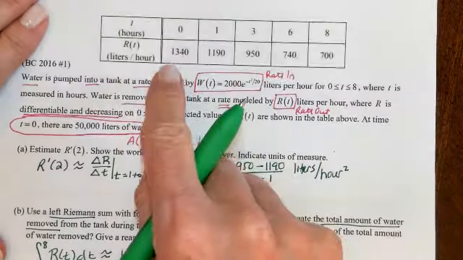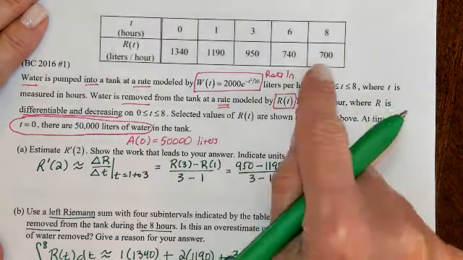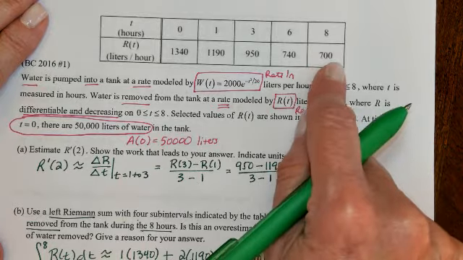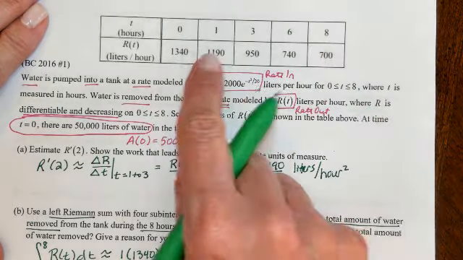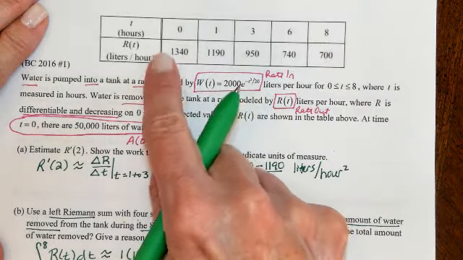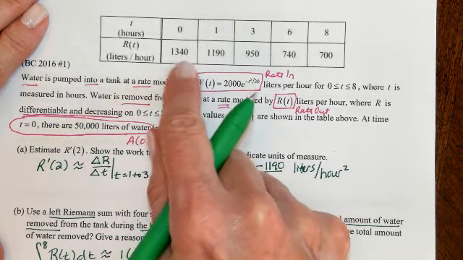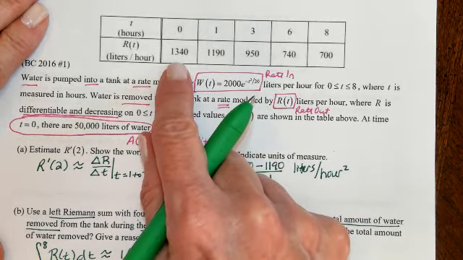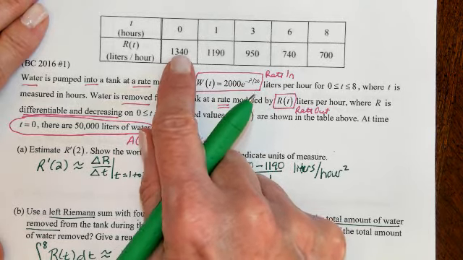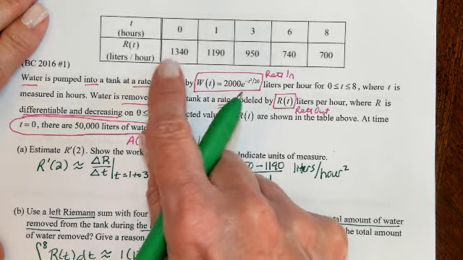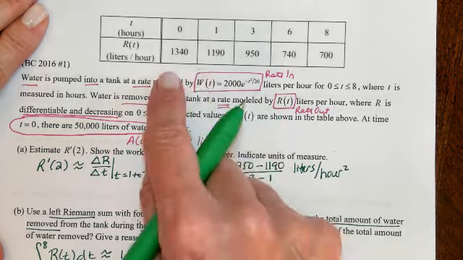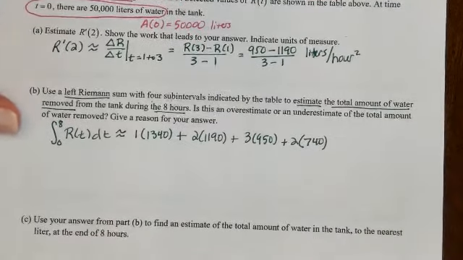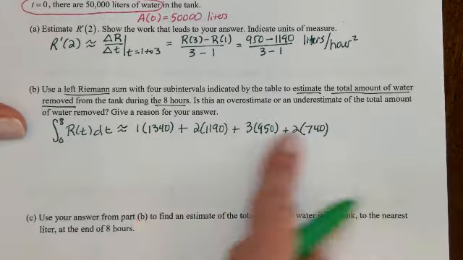In a left Riemann sum, you do not use the rightmost y value. In a right Riemann sum, you do not use the leftmost y value. Don't know if you guys remember the little Kit Kat activity that we did. We had to eat off one of the sides because we were not going to use that in the right or left Riemann sum. Okay, and I can just stop there.